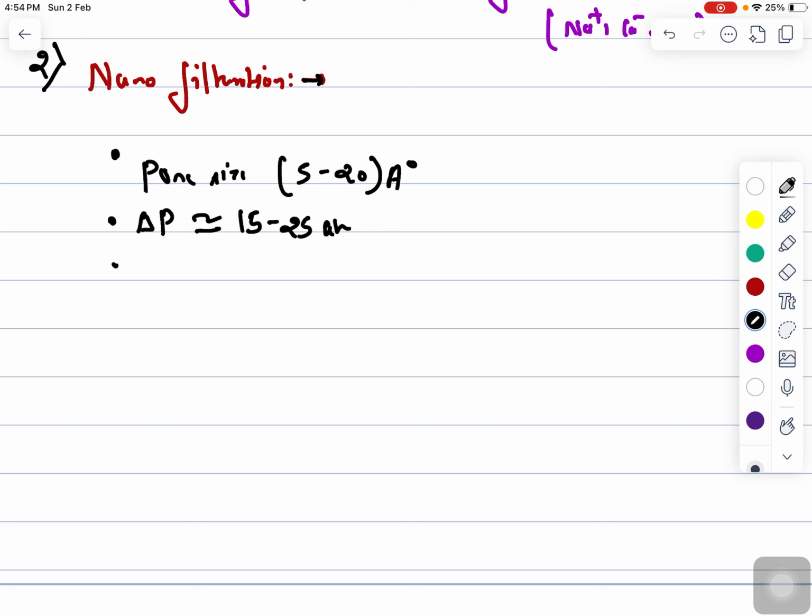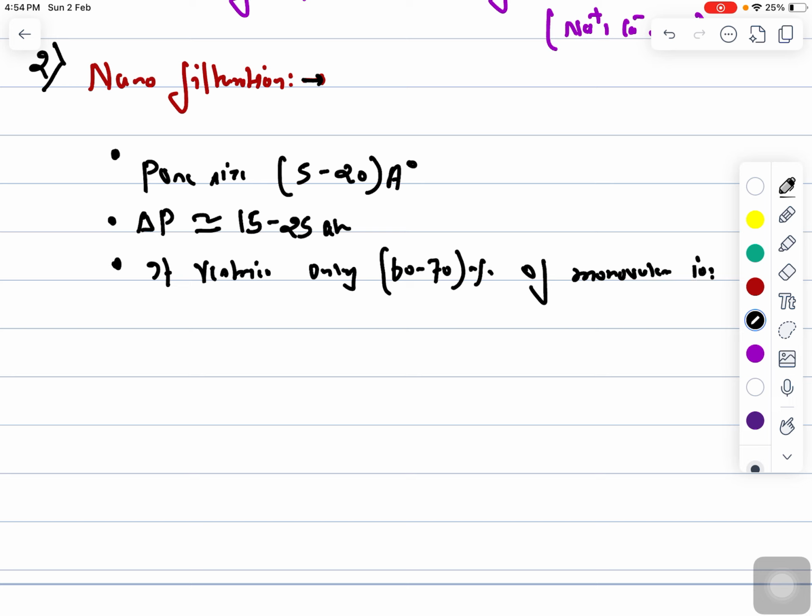And if I am talking about nanofiltration, it restricts only 60 to 70% of monovalent ions. So here you can see if pore size has increased, then obviously the monovalent ion, having a smaller size, will get transported.